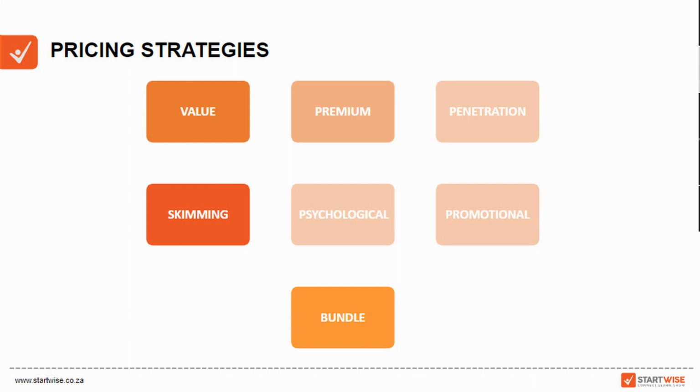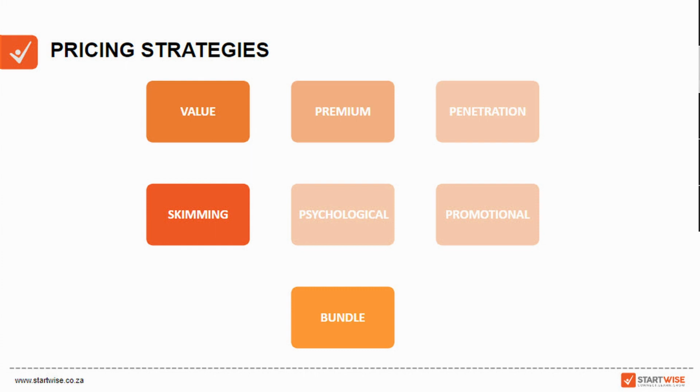Psychological pricing, you're probably familiar with, where, for example, you might charge 499 Rand for something instead of 500 Rand. If you think about it, it's only 1 Rand cheaper, but 499 sounds a lot better than 500 in our minds. So when you're pricing your products or services, also think about the psychological effect of having something, I almost want to say, one price bracket lower without too much effect on your profit.